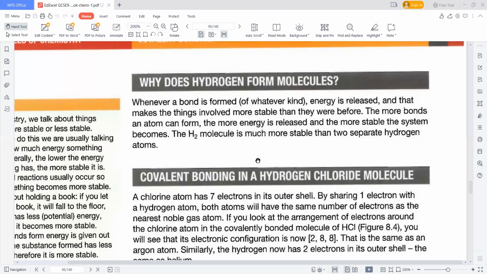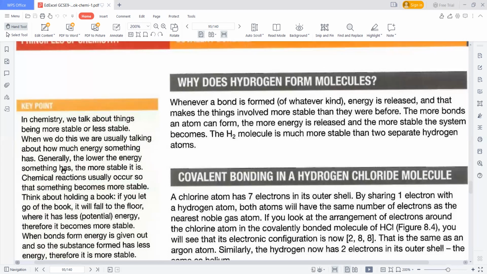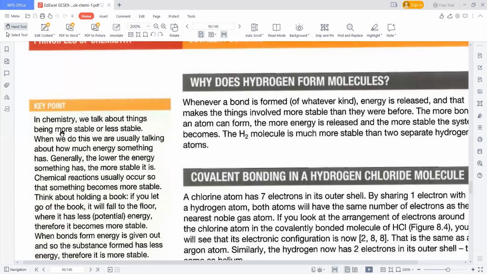Because earlier they contained odd numbers of electrons, but as soon as they create this bond, both of them attain stability. Here is a key point in chemistry: when we talk about things being more or less stable, it depends upon their state. Either they are in an excited state or in their ground state, or on what type of bond they are creating. Now, we will consider the actual phenomena in which energy is absorbed or released.